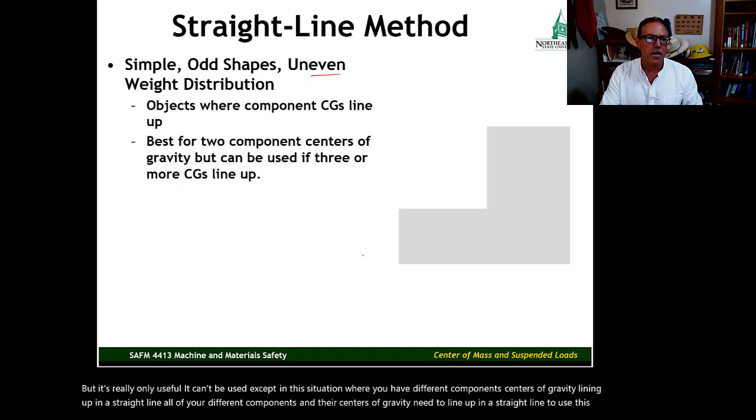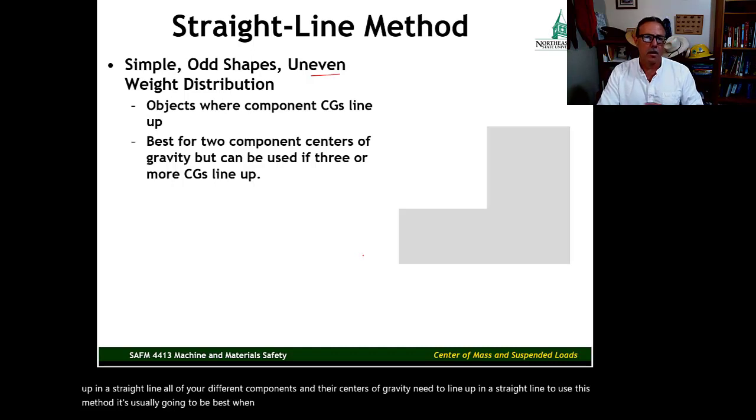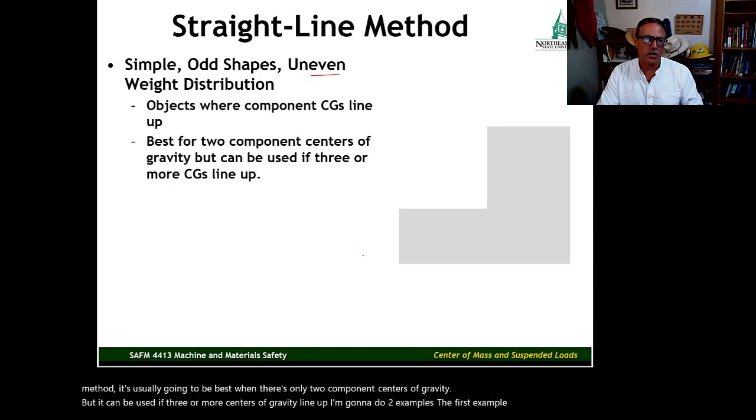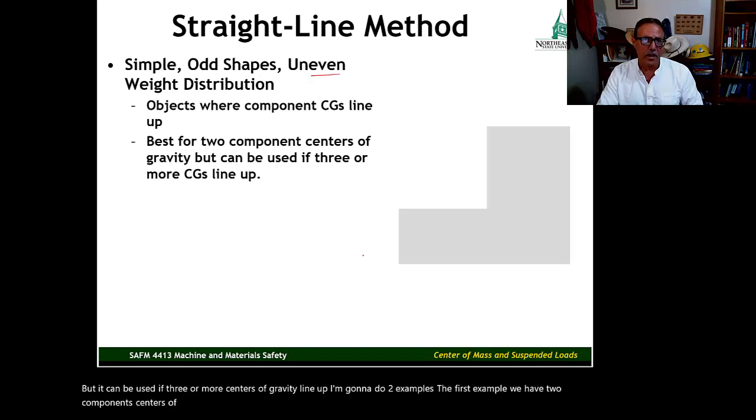It's usually going to be best when there's only two component centers of gravity, but it can be used if three or more centers of gravity line up. I'm going to do two examples. The first example, we have two component centers of gravity. The second example, we have three, where they all line up, and you can use this method. And if you're not sure what I mean by component centers of gravity, I'll explain that as I move along.